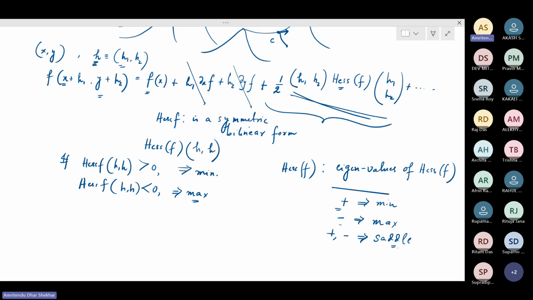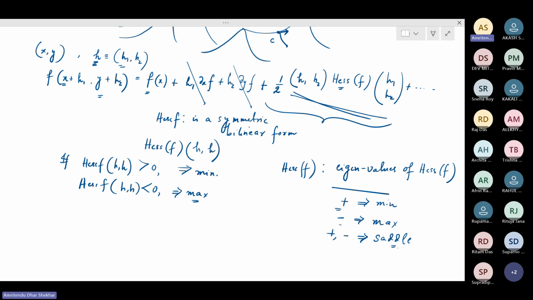In that case, the Hessian test fails, and you have to look at a third order term in order to determine what kind of critical point it is. But we're not going to encounter that in this course, hopefully.